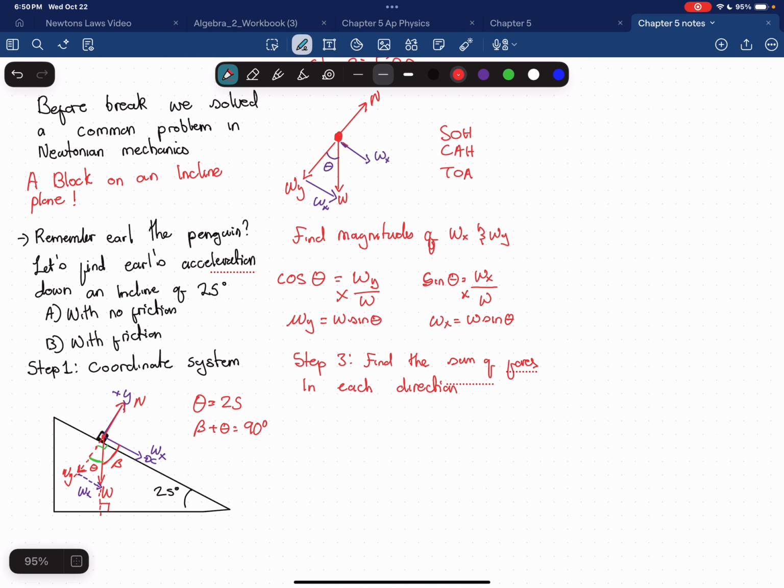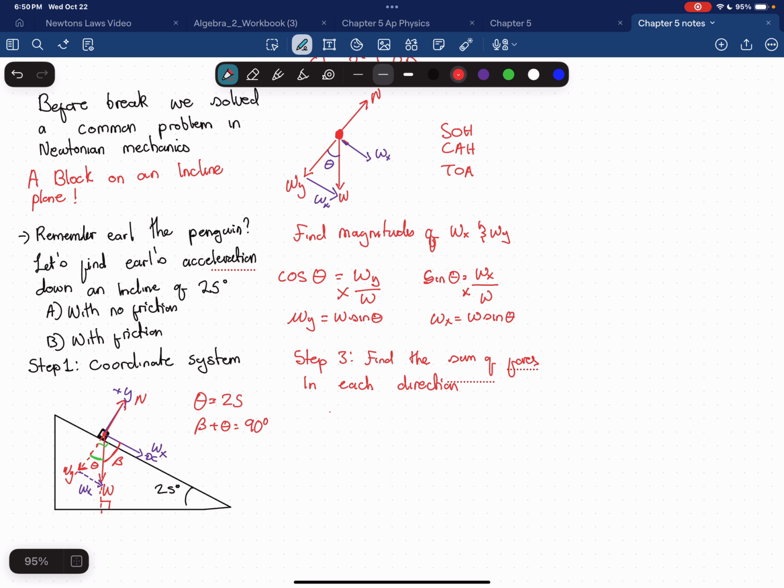All right. So we have to say the sum of forces in the x direction, and we need to know the sum of forces in the y direction. So we're basically trying to find the net force in the x direction, net force in the y direction.